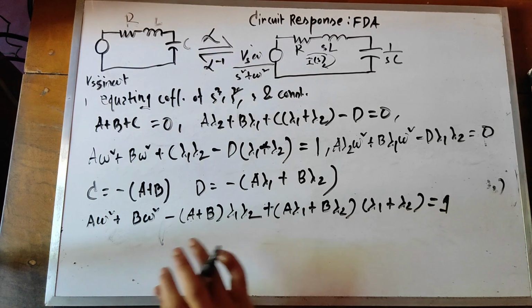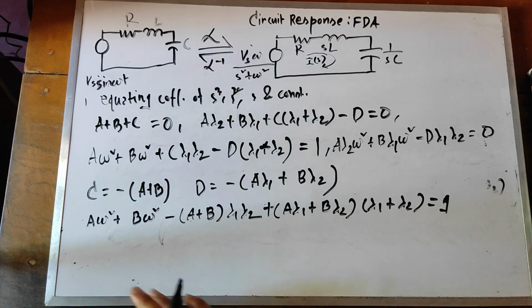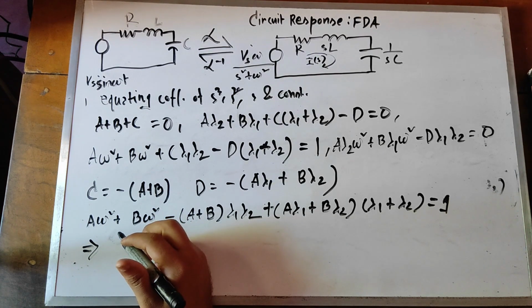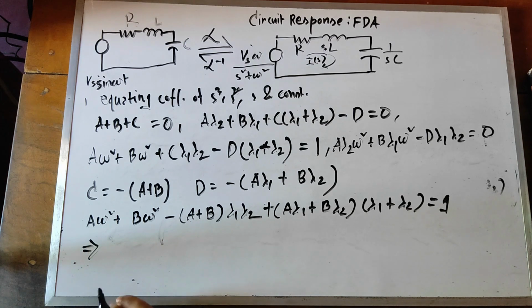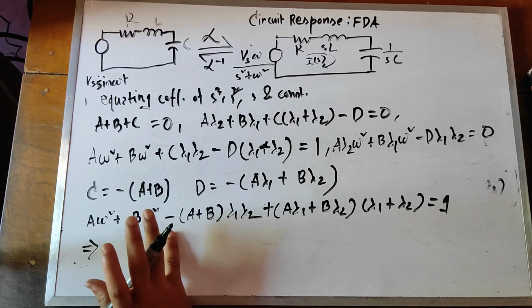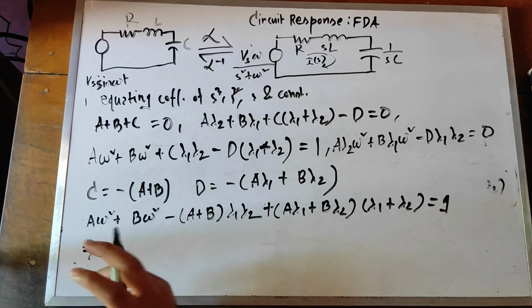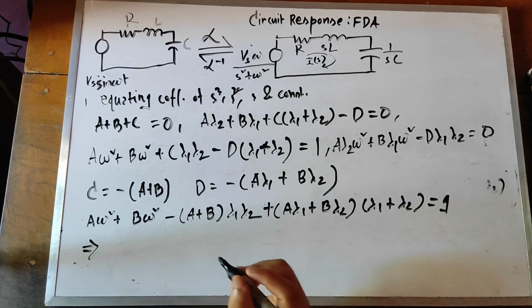So we are left with A and B only. So I just have to rearrange this. I'm not doing the extra part, I'm just going straight to the final relation. I hope you understand what I am doing here.